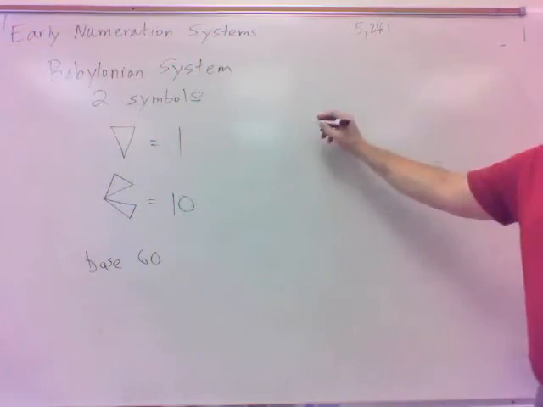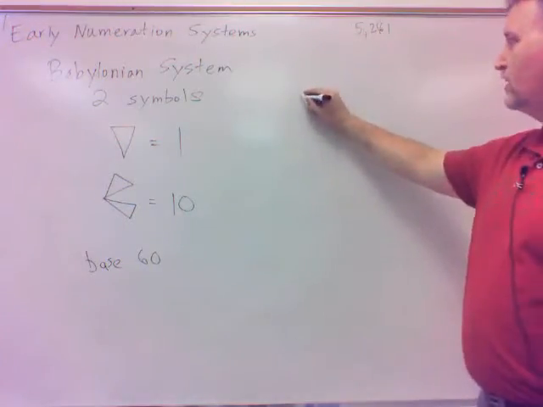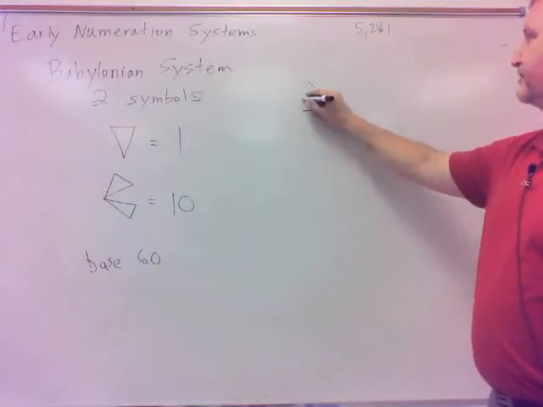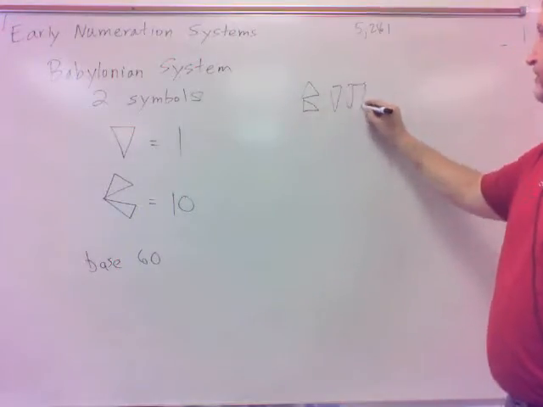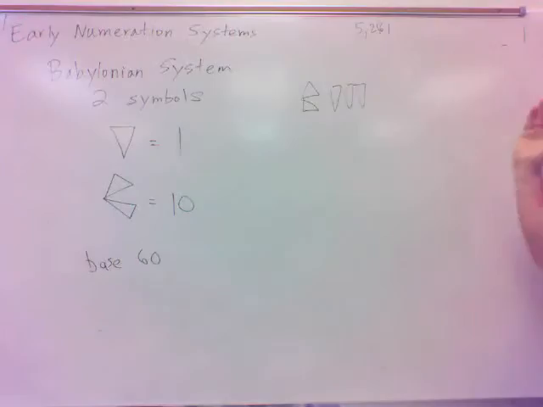Here's what I mean. Let's say I just had a number like that, yeah, that's straight up. Double wedge and 3 singles, that's 13, okay?